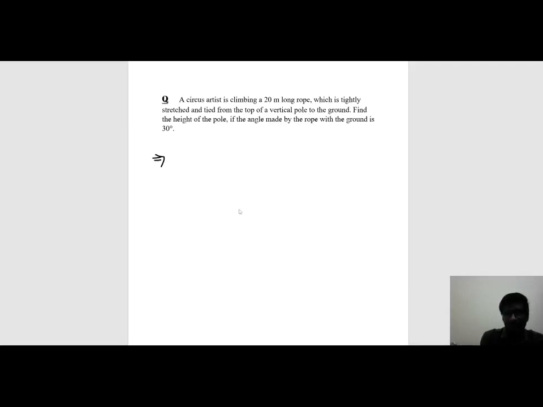So let's take this as the vertical pole and name it P. It is stretched from the top of this pole to the ground. How will it go to the ground? It will go in a slanted manner, like this. This is your ground and this is your rope.